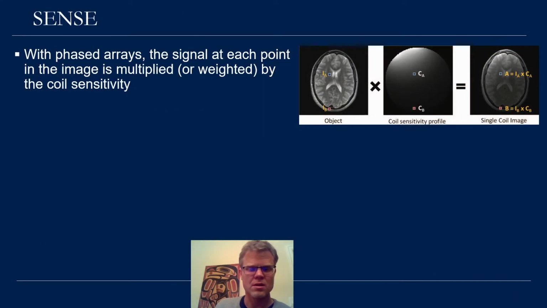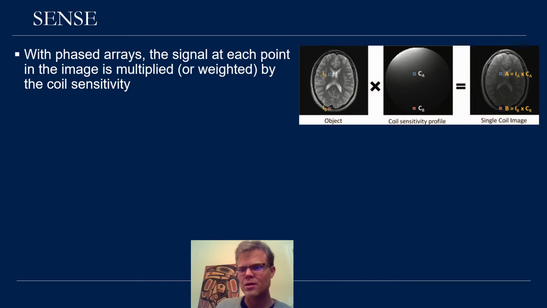Okay, and if we expand a little on how the SENSE method works, think of it this way: we start off with our object, in this case somebody's head, and remember our object is transverse magnetization, and we might have a certain signal intensity IA and IB at 2 locations.